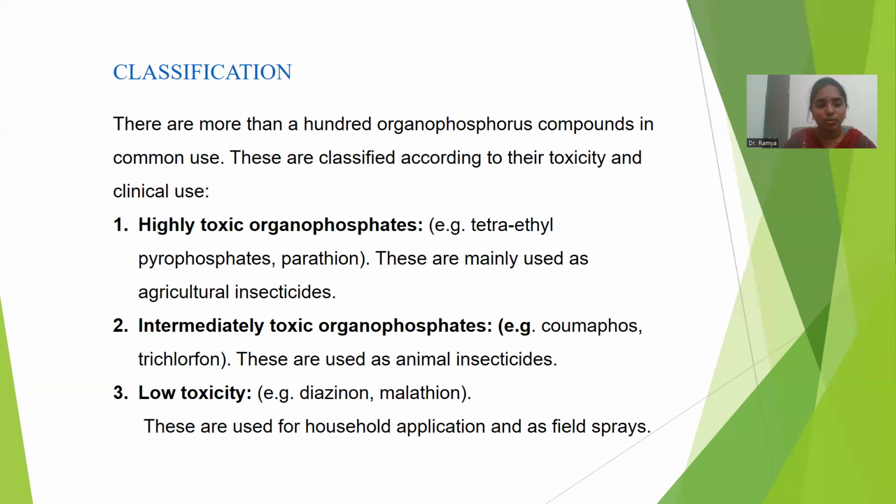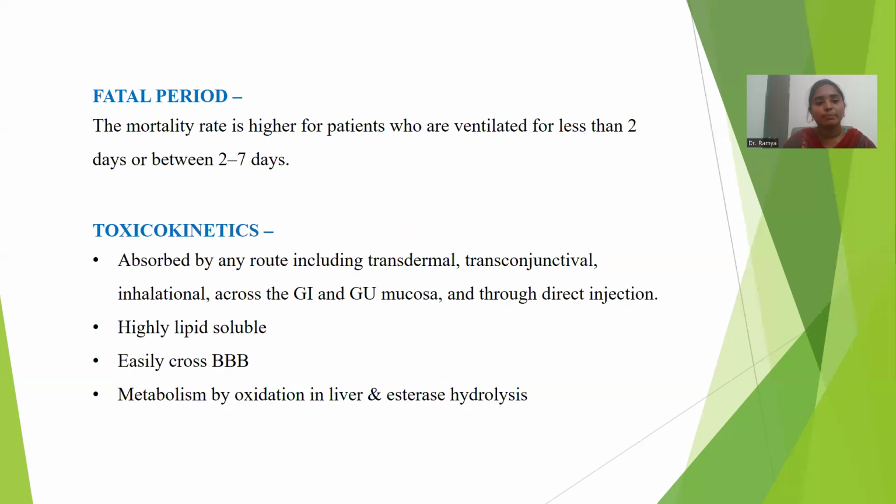Next, we'll go for fatal period. Here, the fatal period is based on the individual. It is less than 2 days, or between 2 to 7 days for patients who are on ventilation. So, they are at more risk. Next, pharmacokinetics. In pharmacokinetics, first absorption.